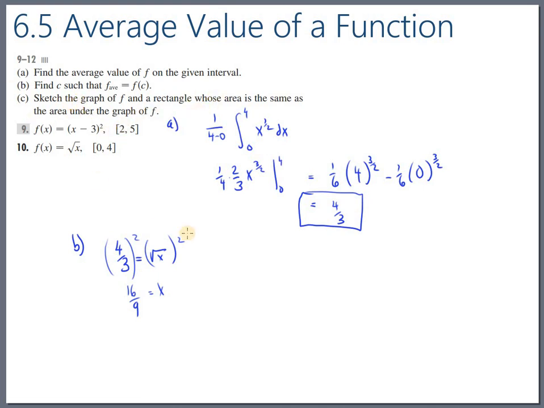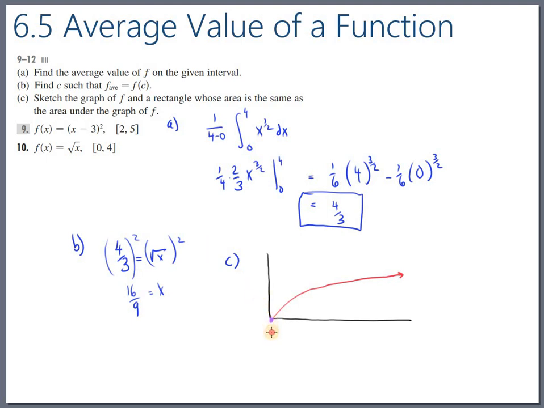Okay, so for part C, it's just square root of x, so I know basically what square root of x looks like. You can, of course, graph that with some sort of technology, but I will just graph it by hand. Square root of x basically looks like this. And we were interested in going from 0 to 4.